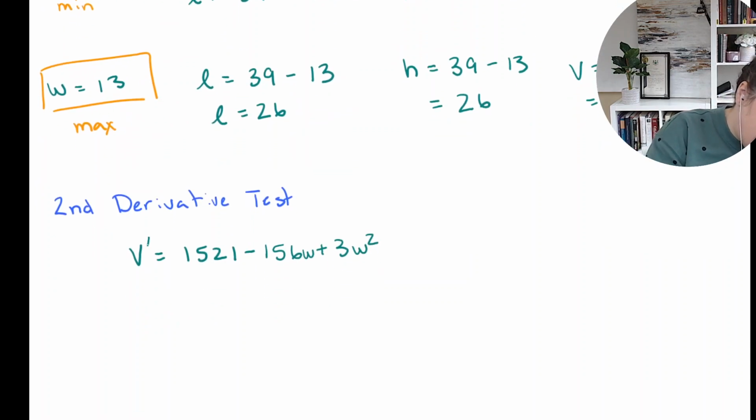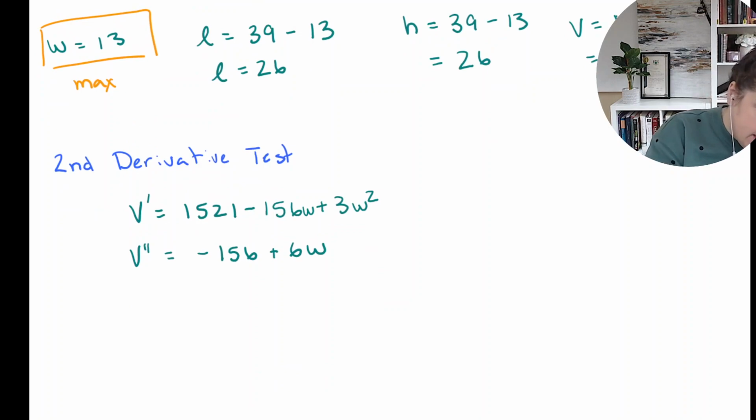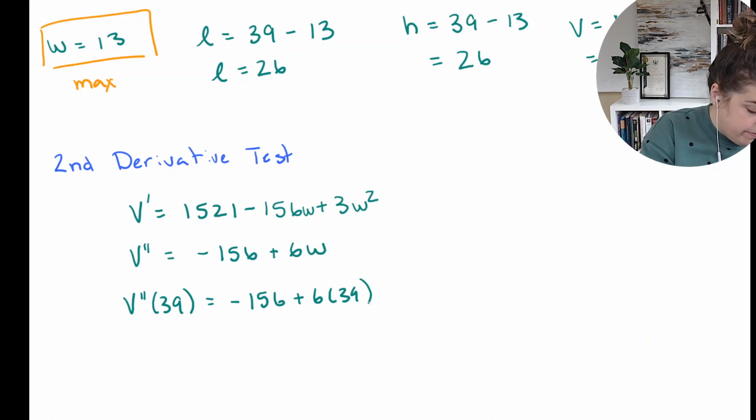And when we take, oh, that was the derivative. So when we take the second derivative, we are going to get negative 156 plus 6W. And so if we test our points, right, if we put in, for example, that 39, we're going to have negative 156 plus 6 times 39.